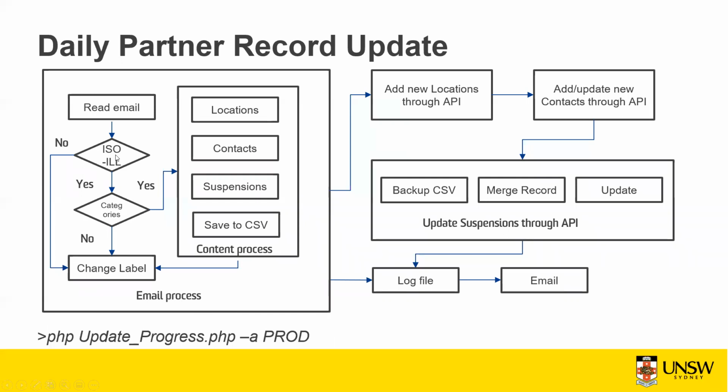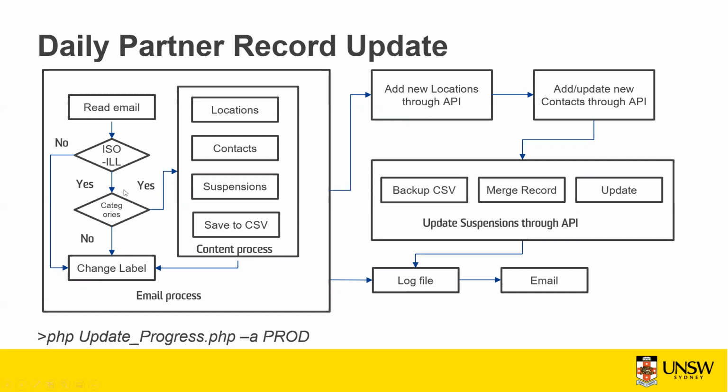If it is from the ISO ILL, then we check whether the content of the email is in our process category. In UNSW Library, we only process three types of content: add a new location, update the contact detail, and update the suspensions.